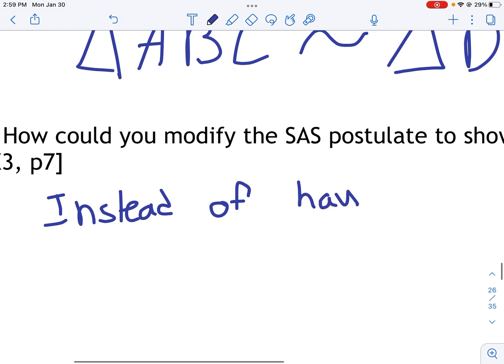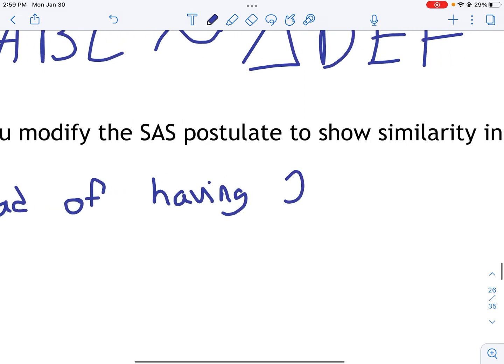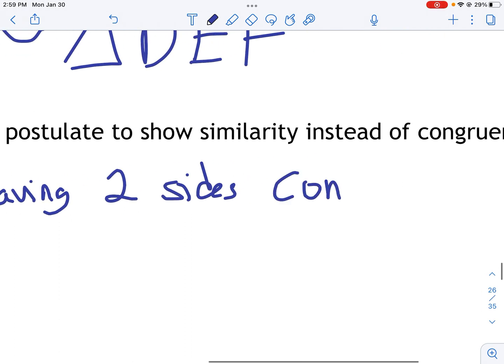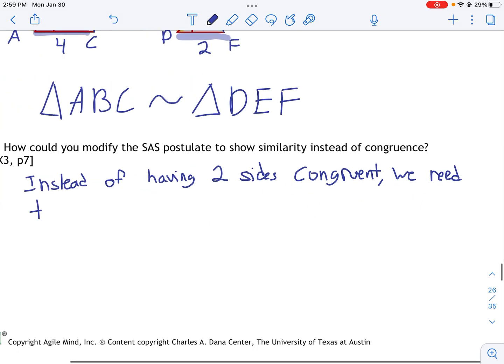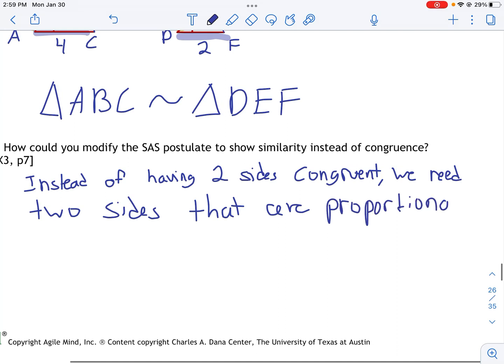So instead of having two sides congruent, we need two sides that are proportional.